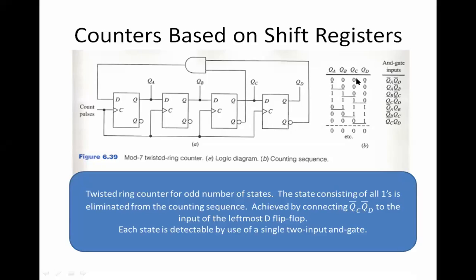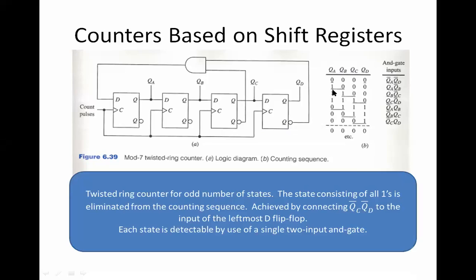Now here we are seeing the true values, not the complemented values. Whenever it is 0 0, it means our Q bar, or specifically QC bar and QD bar, are 1. So you can see that 1 is passing through, 1 is passing through.